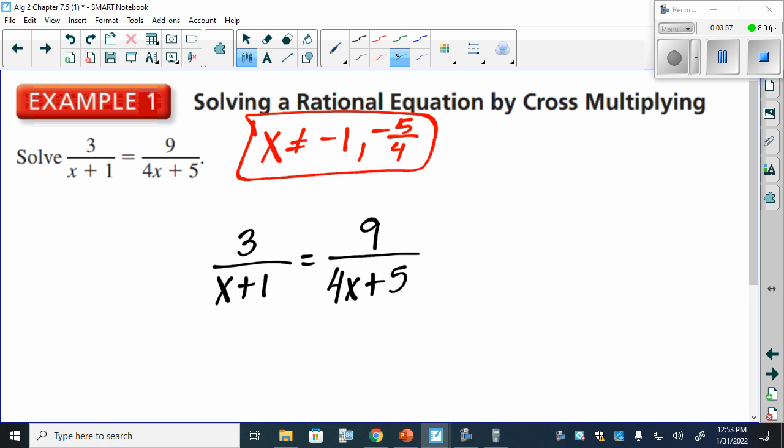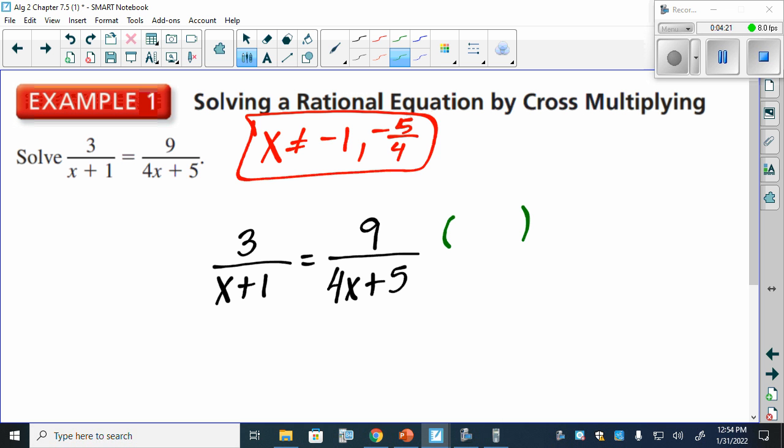Now last Friday, when we worked on complex rational expressions, we had a method where we multiplied the top and bottom by a certain expression to be able to get the fractions to simplify, so we wouldn't have denominators in the numerator and denominator.